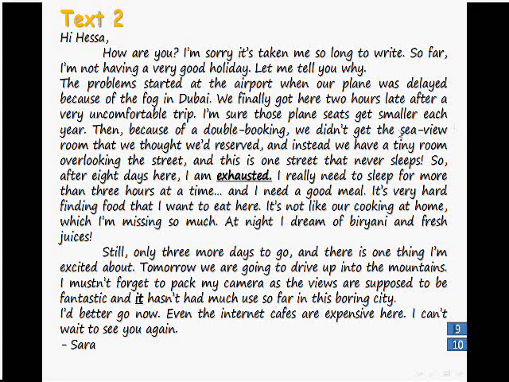Okay, so let's read this part. Then, because of a double booking, we didn't get the sea view room that we thought we had reserved, and instead we have a tiny room overlooking the street. And this is one street that never sleeps.